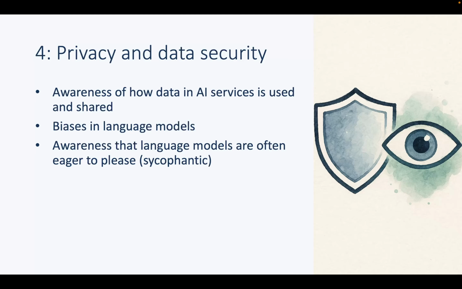They're created to be biased, and we have to relate to that in a good way. And also, I think it's becoming more and more important to know that the language models are often eager to please you. Sycophantic, it's called in the AI world. Being aware of that is a very useful way to relate to them in a good way.